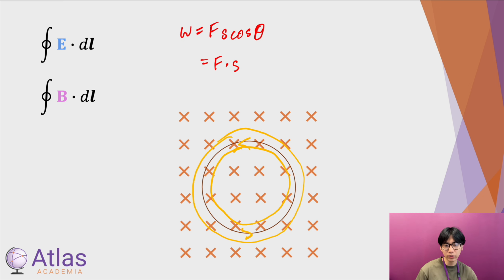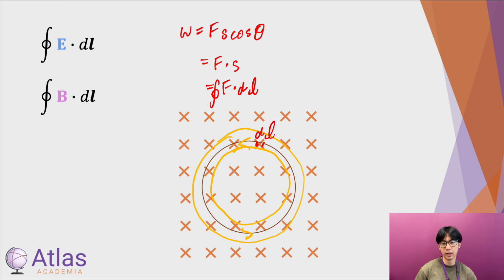If you're considering the work contributed by an infinitesimally small piece of coil dl, well then that's just going to be F dot dl, right? And so to find the total work around the entire coil, well then that's the problem of F dot dl with an integral sign in front of it.